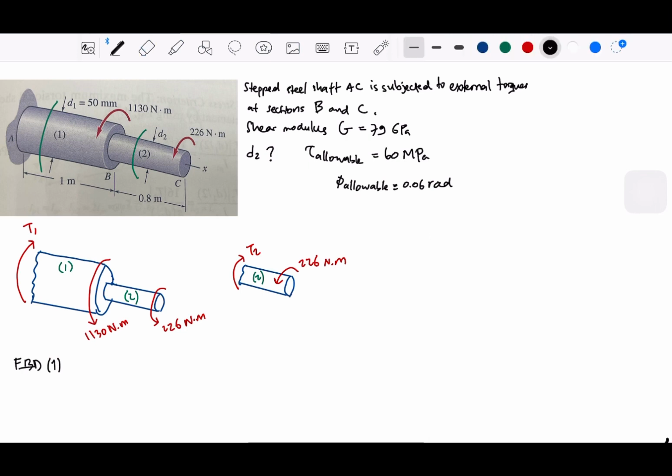or maybe let me just write below directly. The sum of the moments at the x-axis, meaning the centroid, this one, is equal to 0.